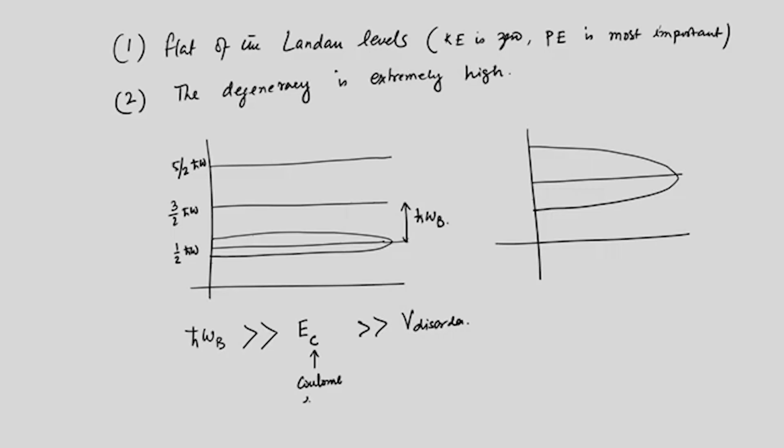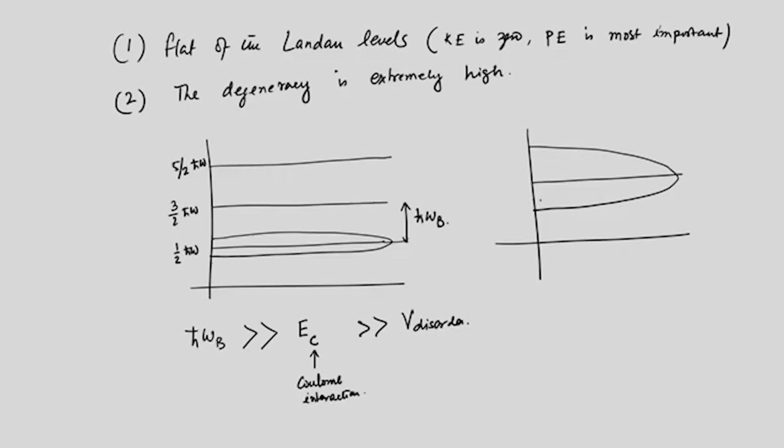Okay, so there is a Coulomb interaction between the particles, and we will talk about that. This broadening is not due to disorder at this moment, it is due to the Coulomb interaction. Disorder broadening also contributes, but let's say it is not much.